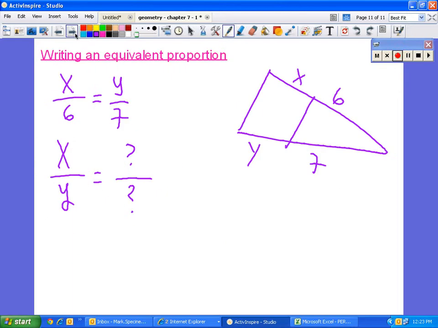So, where are my means? 6 and y. So I can switch them, putting y at the bottom over here, which means that if I switch y and 6, I get x and y over here, and I get 6 over 7 over there. So the ratio that completes the proportion is 6 over 7.